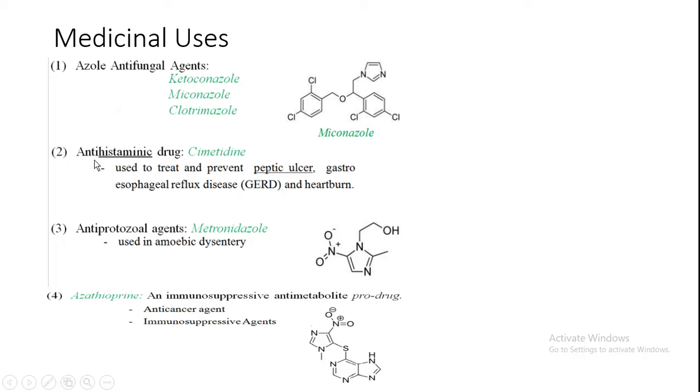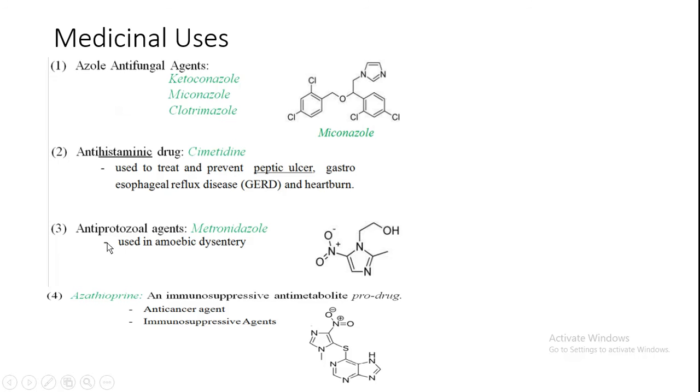Then second is antihistaminic drugs. For example cimetidine, used to treat and prevent peptic ulcer, gastroesophageal reflux disease, GERD, and heartburn. This cimetidine also contains an imidazole ring within the structure.